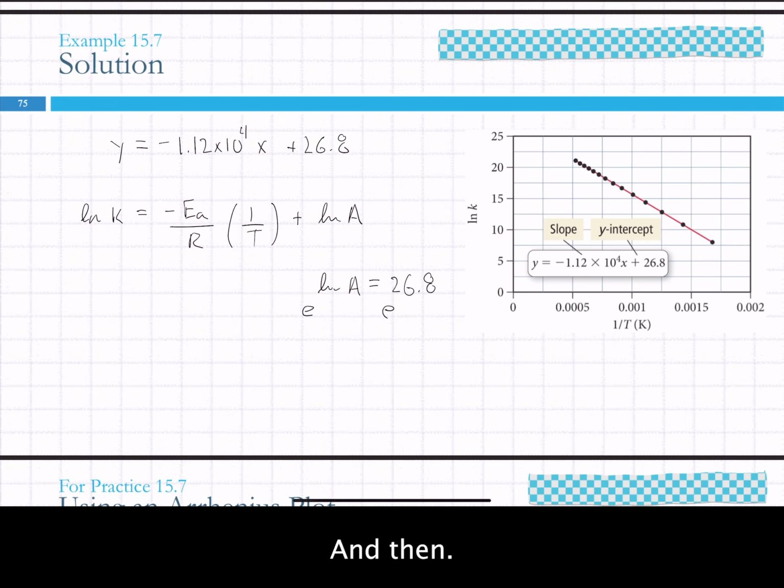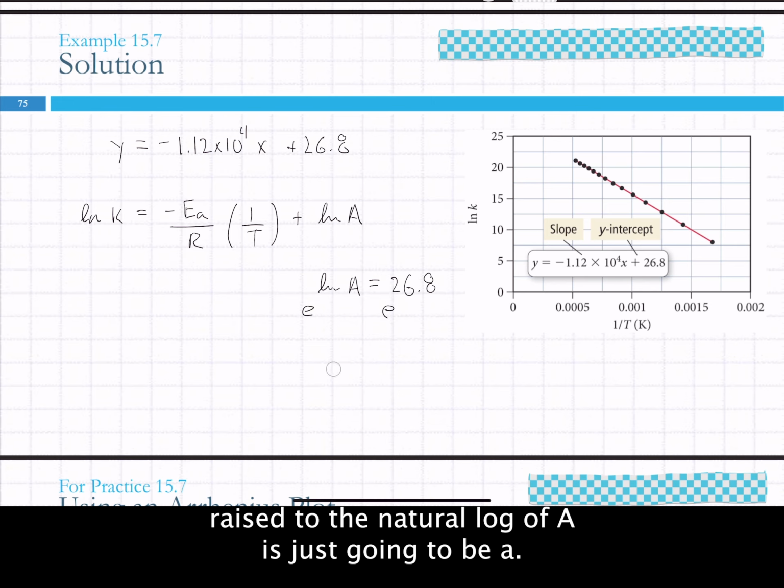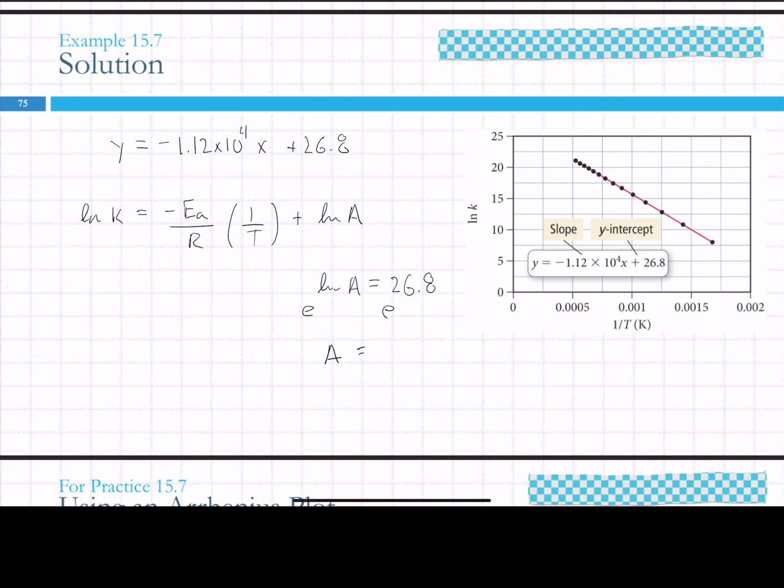And then make those things the power of the natural base. So E raised to the natural log of A is just going to be A. And then E to the 26.8 is 4.356 times 10 to the 11.